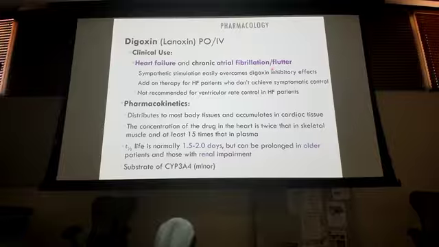Your PK parameters: good distribution, half-life is normal. But if you're talking about somebody who has any renal issues because it is renally excreted, or if you're talking about an elderly person, because remember how I always tell you guys, they live and their body usually starts to decline and things stop working as well in most people, not all people.